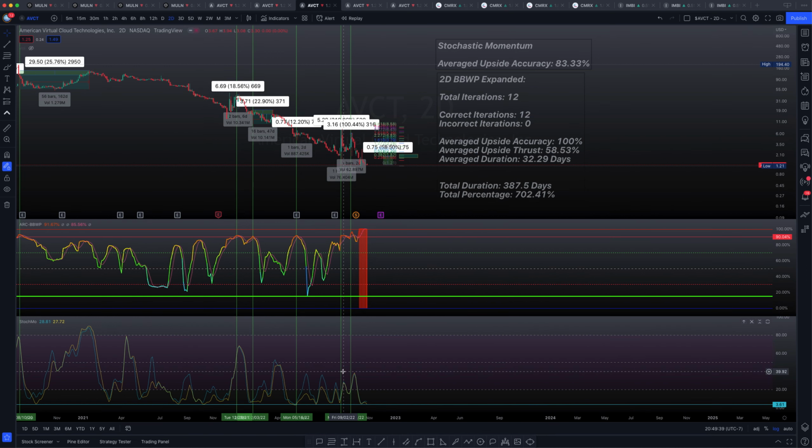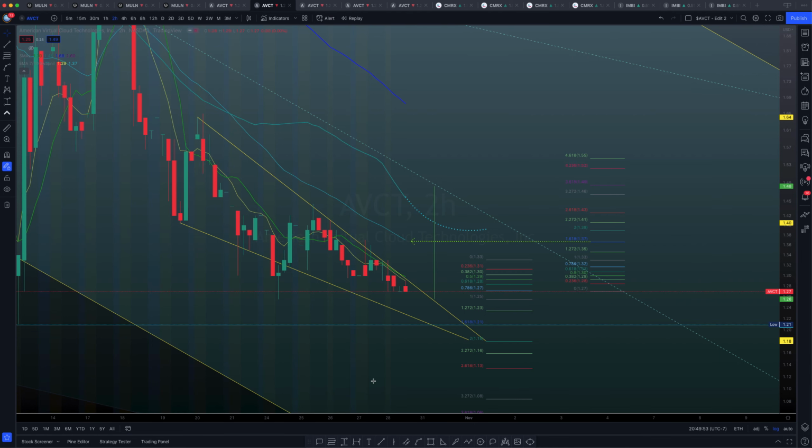But I also gained the average of the stochastic's momentum guessing the direction, right? Right now it's telling us that we can likely face some downside first before we can make the upside, which is very confluent with what we're talking about here, with making a downside move to test the wedge bottom before a continuation to the upside.